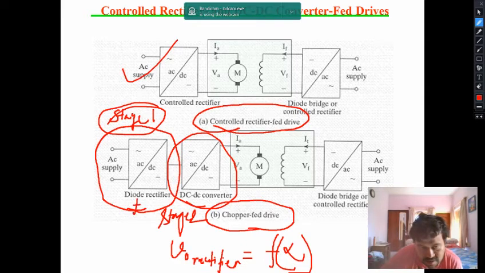And for the field, it was a function of alpha dash.